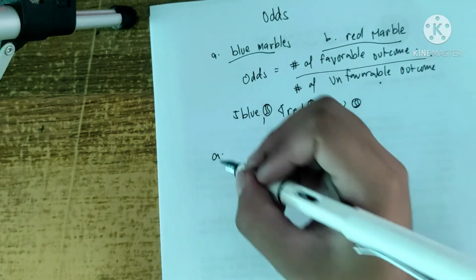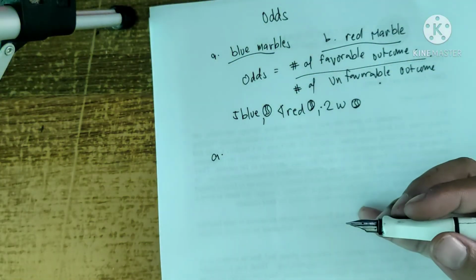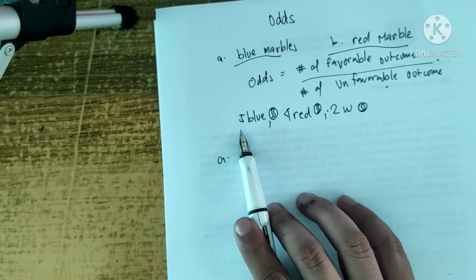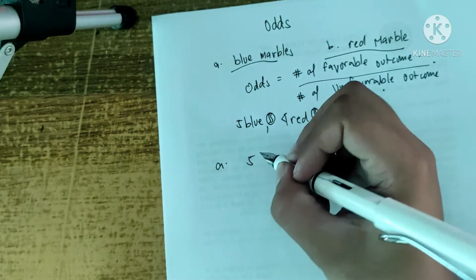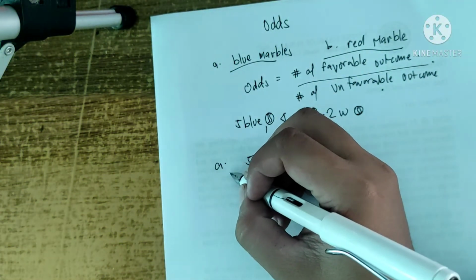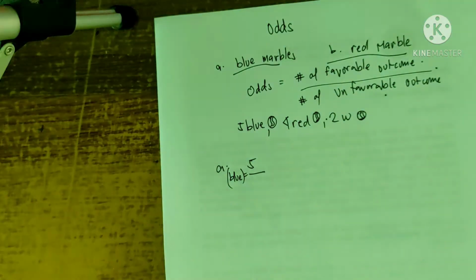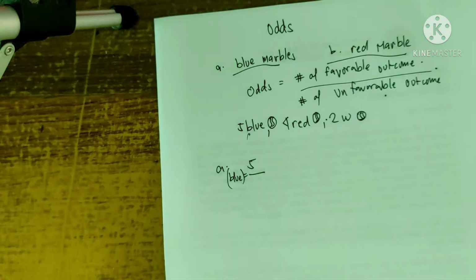So, sa letter A, yung hinahanap natin dito is blue marble. So, ilan ba yung blue marbles natin? So, 5. Okay? So, may 5 favorable outcomes ka. So, blue.